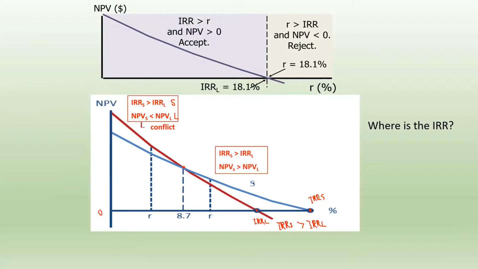When the weighted average cost of capital is greater than 8.7%, which is the crossover point, the IRR rules suggest that we should accept S. And for the NPV rules, S has a higher NPV than L, so we should accept S too. In this case, those two agree with each other.